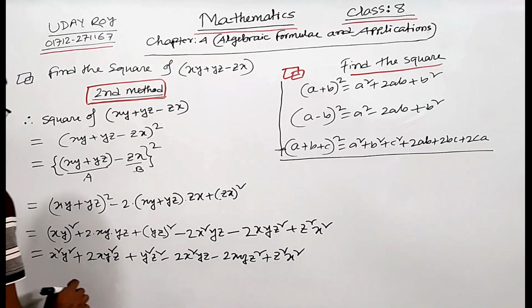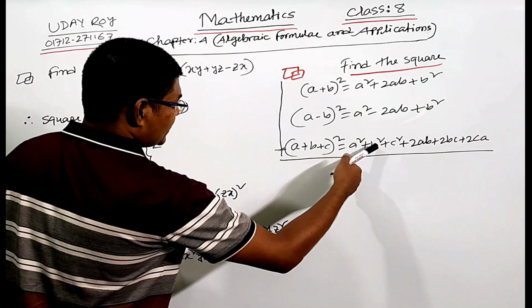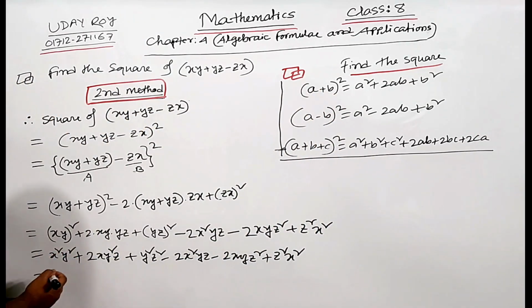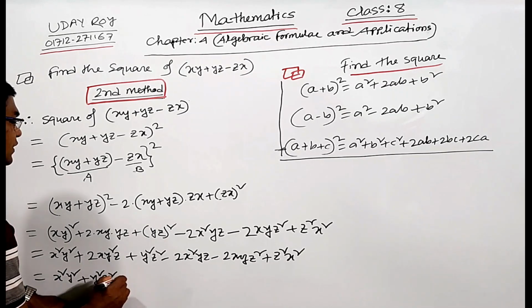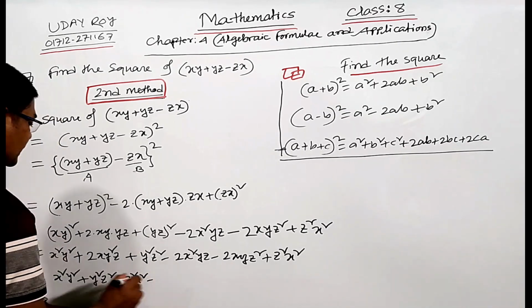So if we can rearrange, just here a square plus b square plus c square at first. If you are interested, you can rearrange the maths. So we can write x square y square, z square, plus z square x square.